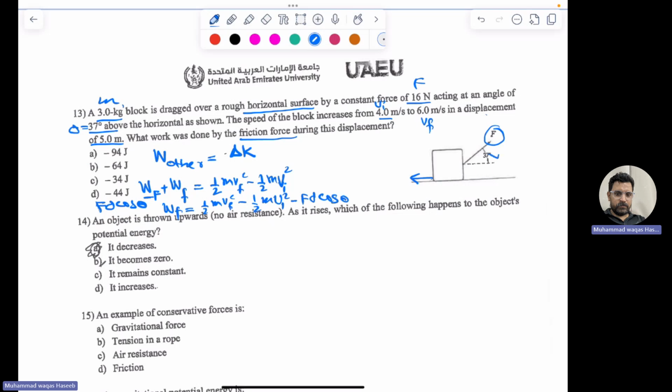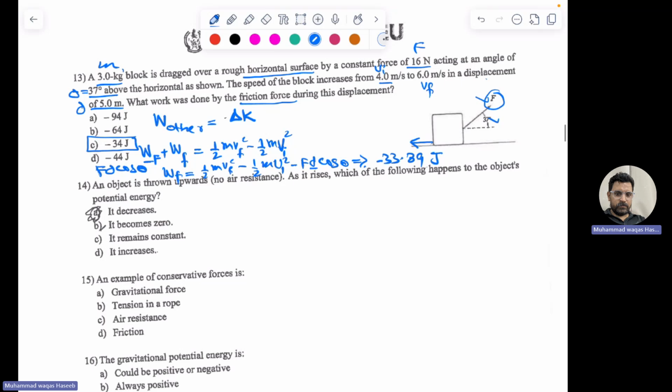You have cosine theta, F is there, your d is there, and everything is there. Just substitute the values, and you will get minus 33.89 joules of negative work, because friction always acts in the opposite direction. So your answer is approximately negative 34.